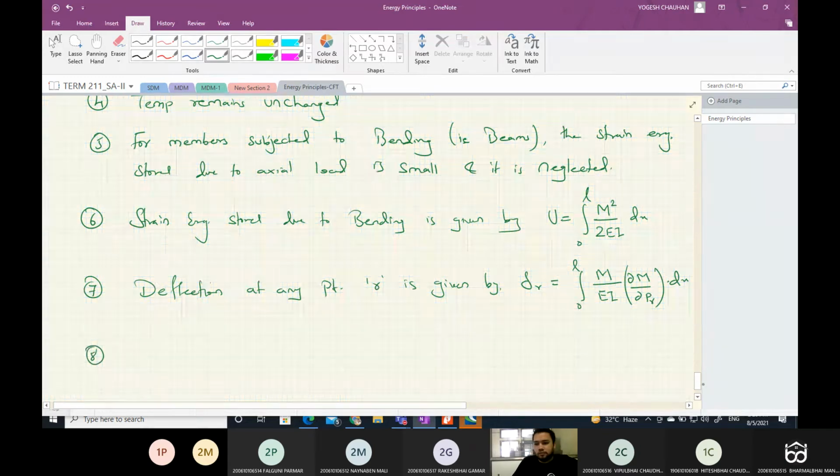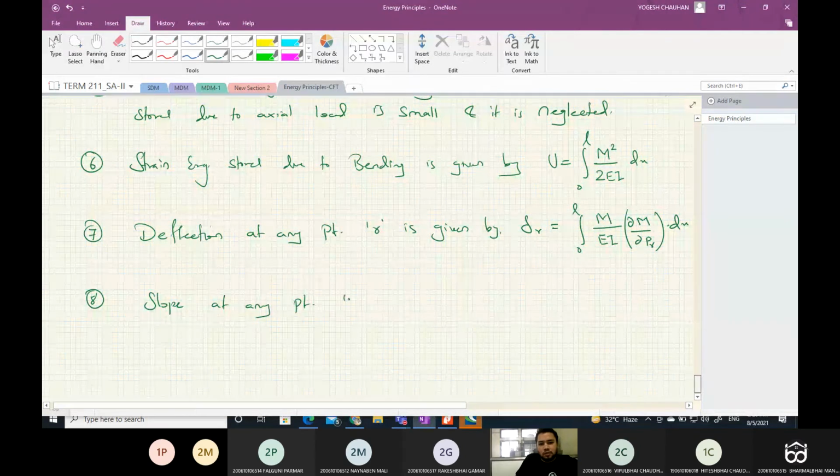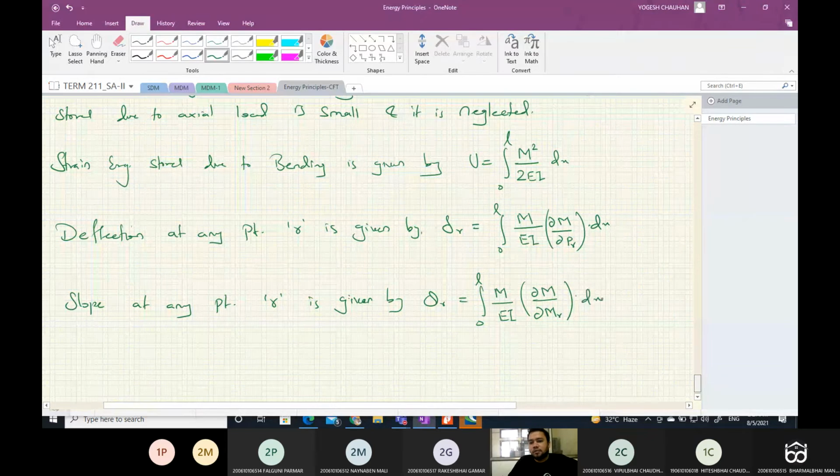Number 8, the slope at any point R is given by theta R is equal to the integration from 0 to L of M by EI times del M by del M_R, which is the partial derivative of moment with respect to the moment at R, times dx.